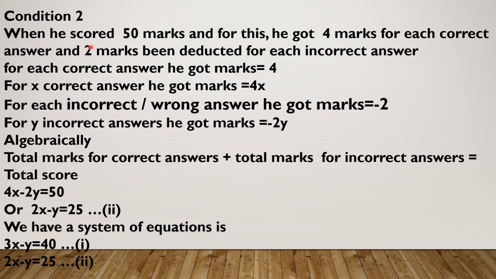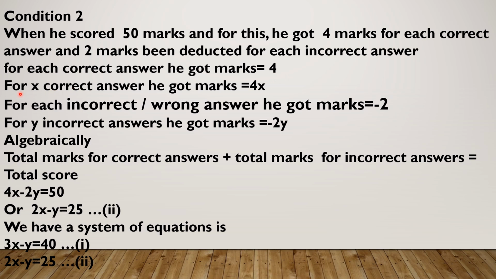When he scored 50 marks, he got 4 marks for each correct answer and 2 marks were deducted for each incorrect answer. So for each correct answer he got marks equal to 4, because in the question it is given that when his answer was right, for each right answer he got 4 marks.